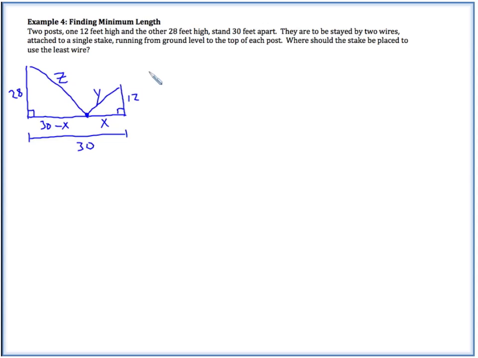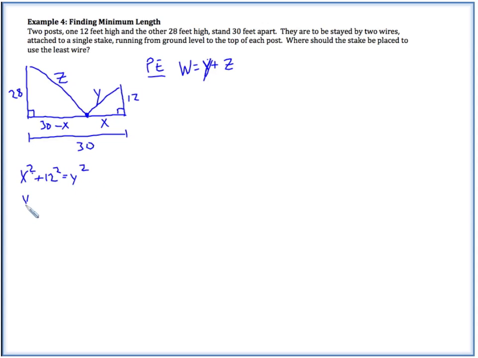So if we're looking here, our primary equation is a very simple one. The length of the wire is going to equal Y plus Z. So what we need to do now is come up with secondary equations for Y and Z in terms of X. Looking at this, we're going to use the Pythagorean theorem, and we know that x squared plus 12 squared equals y squared.